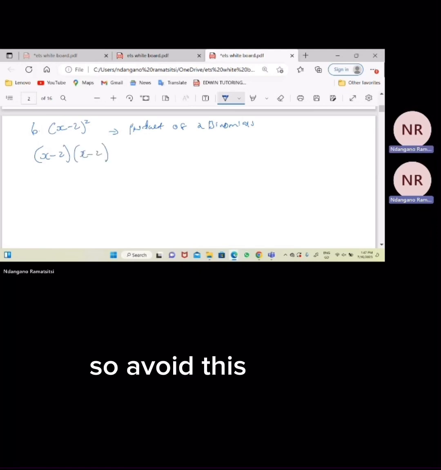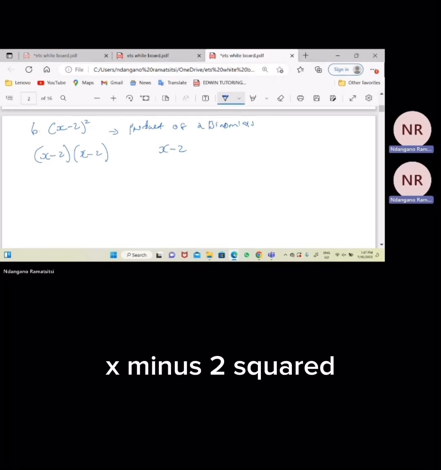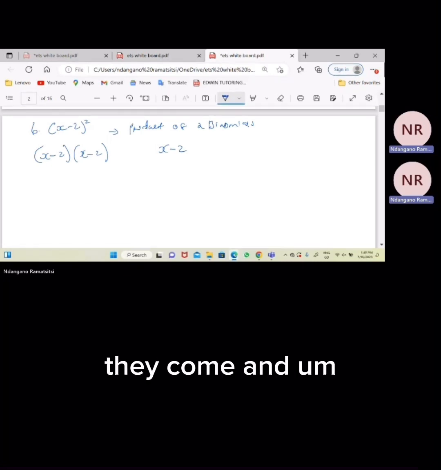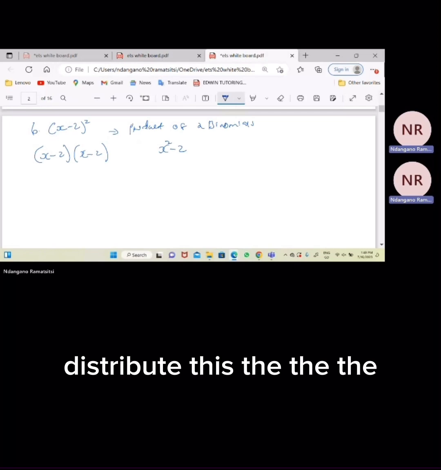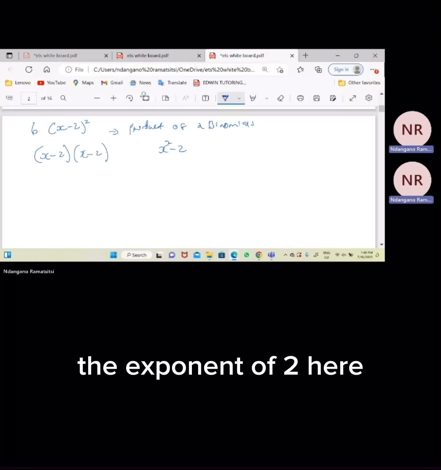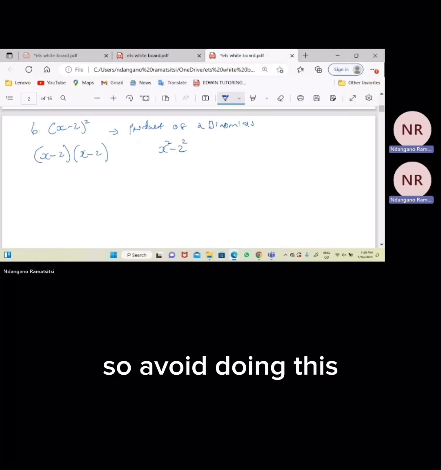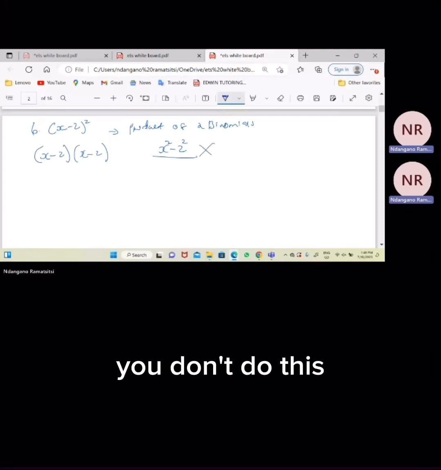So avoid this mistake. Many learners confuse this. If we have x minus 2 squared, they come and distribute the exponent of 2 here. So avoid doing this. This is wrong. You don't do this. This is wrong.